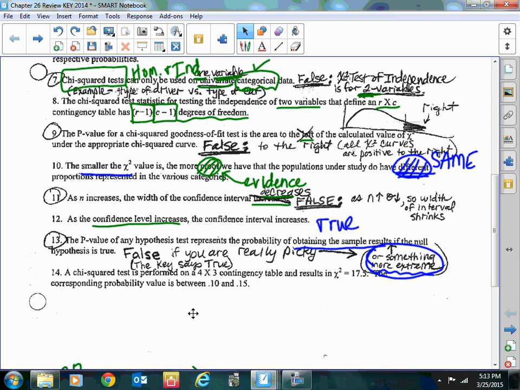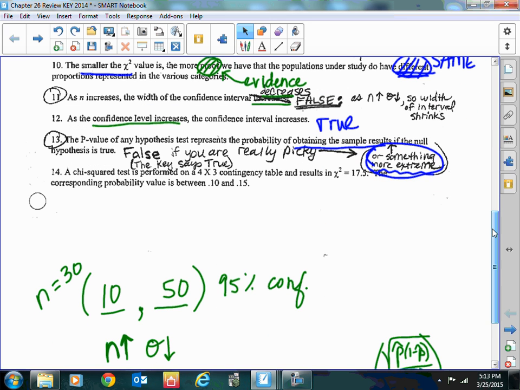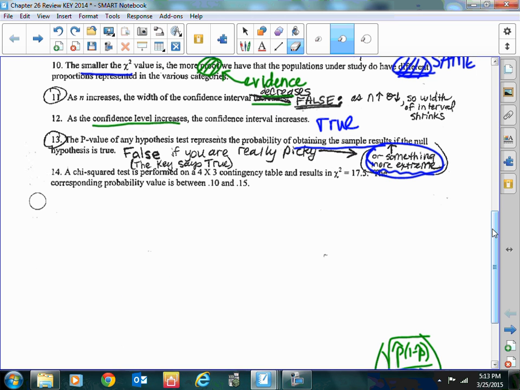All right, and finally number 14 is very interesting. I like this problem because it forces you to use the chi-squared chart. So here's what we got. The chi-squared test is performed on a 4x3 contingency table, and the result is a chi-squared value of 17.5.